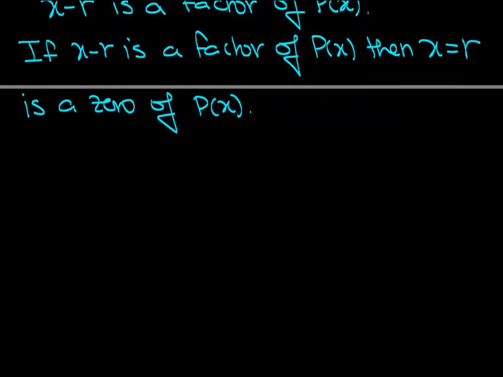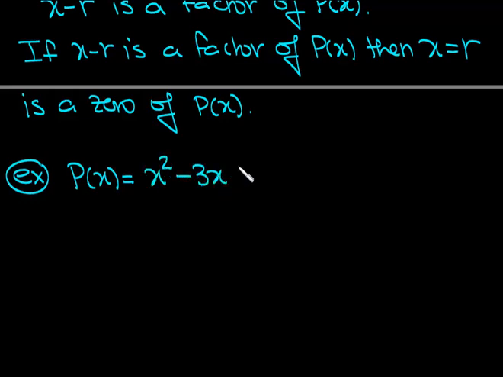Okay, so let me show you an example of what I mean. Let's say we have p of x is equal to, I'll just start with a simple example that we already know works, but let's assume it doesn't. I want to find the zeros. Actually, let me start this way.